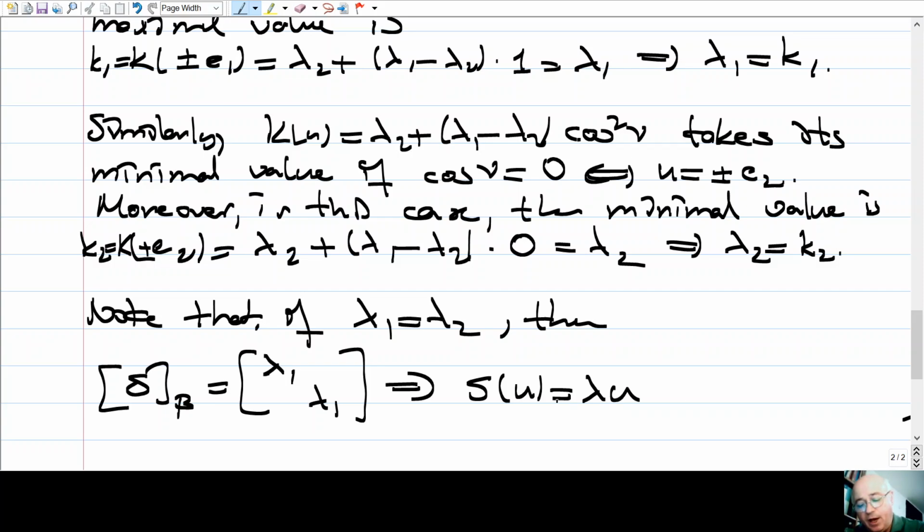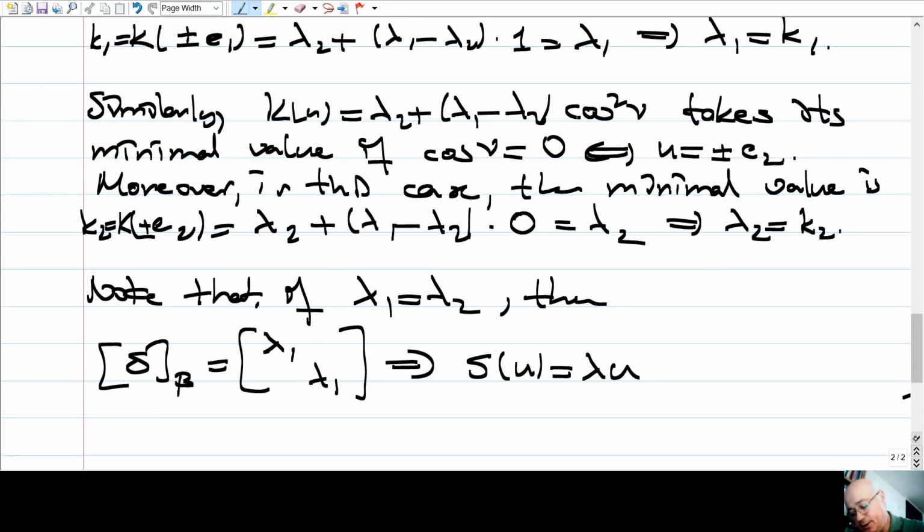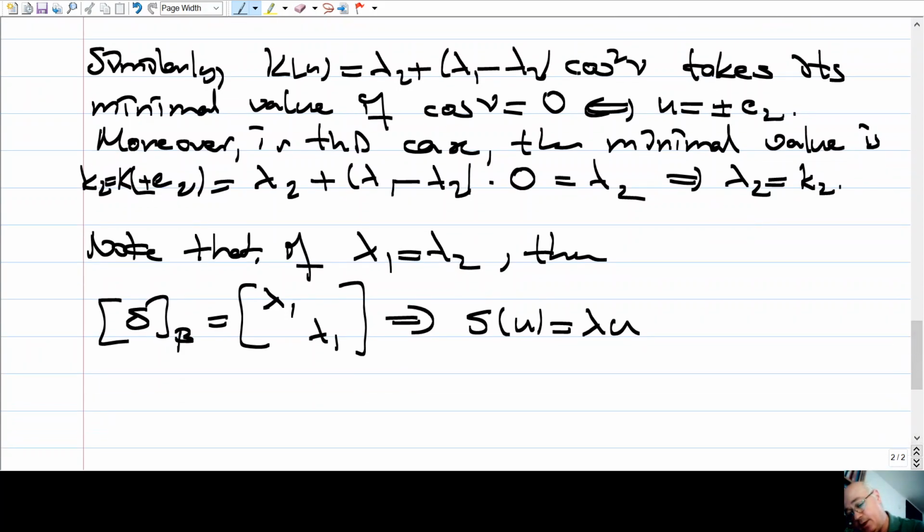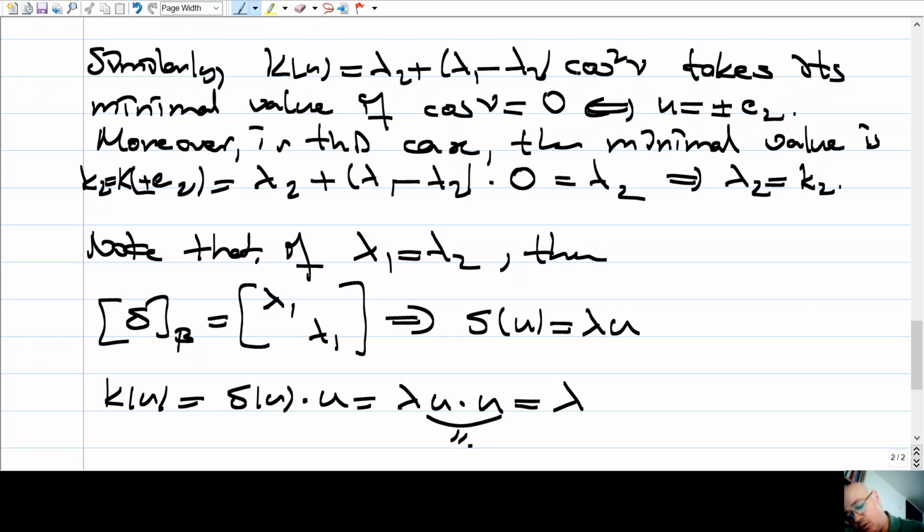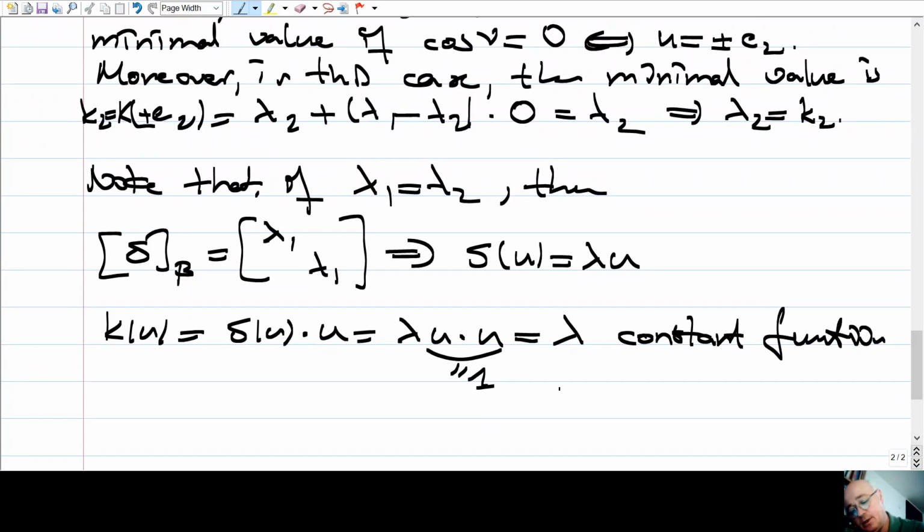And what is the minimal value and maximal value? Well, in this case, principal curvature is just SU times U, so it is just lambda U times U. This is just 1, so I get lambda. So it's a constant function. And this means K1 and K2 are the same, and they're both equal to lambda. Okay. So this finishes the proof.